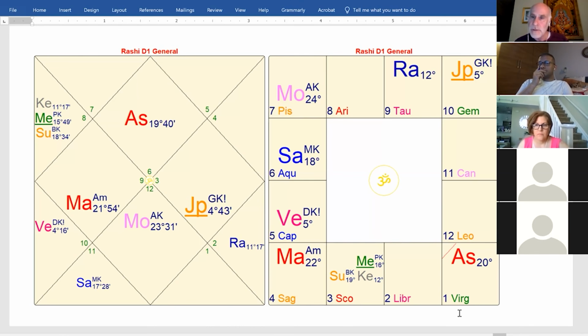You'll note that Jupiter is the 7th lord here. She actually married in Venus-Saturn. Of course, Saturn is the dispositor here of Venus. But actually, I made the prediction based on the fact of marriage, and the timing of it, based on her Charadasha, where she was running Capricorn.